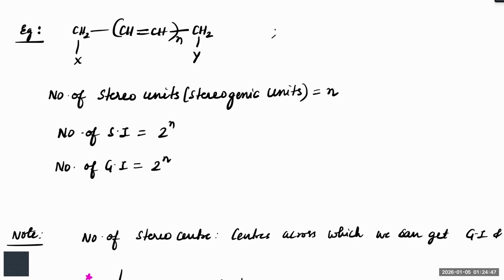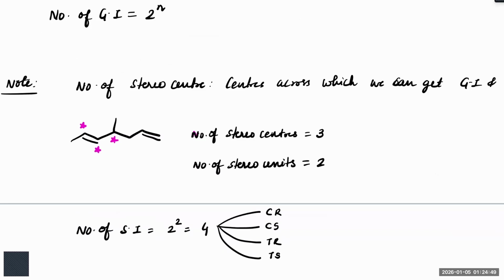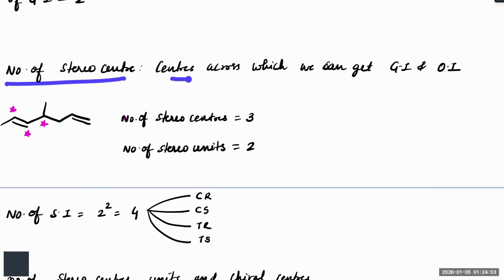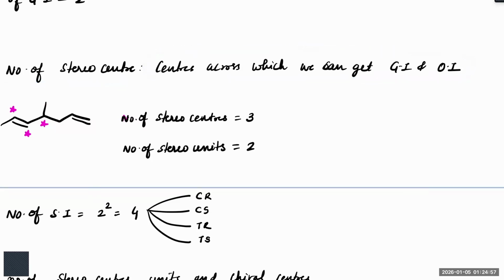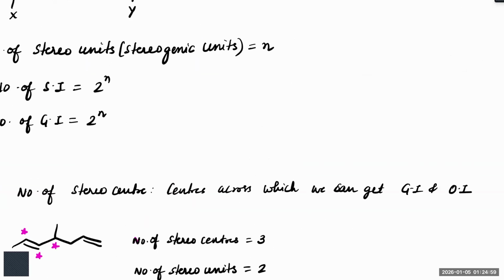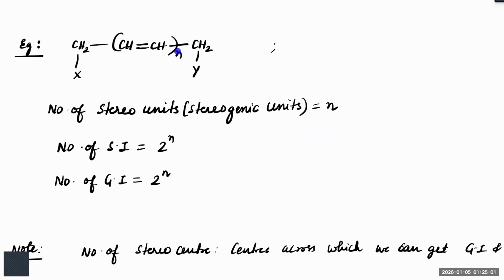If the question is asked about the number of stereo centers, it is centers across which we can get geometrical isomers or optical isomers. So in this case also, if there are n number of stereogenic units, then the number of stereogenic centers or number of stereo centers will be equal to 2n.